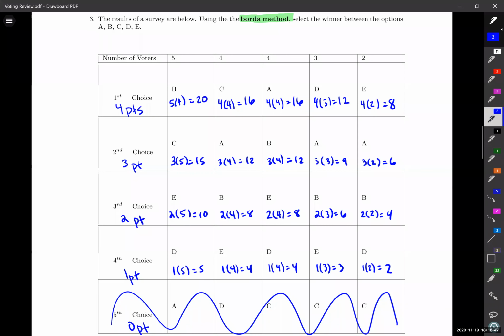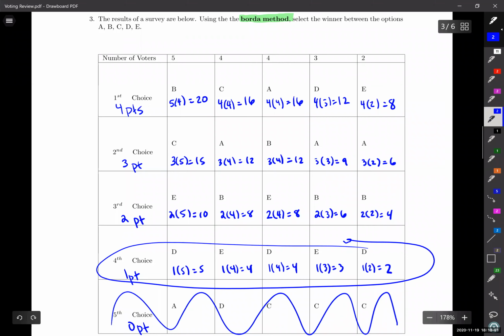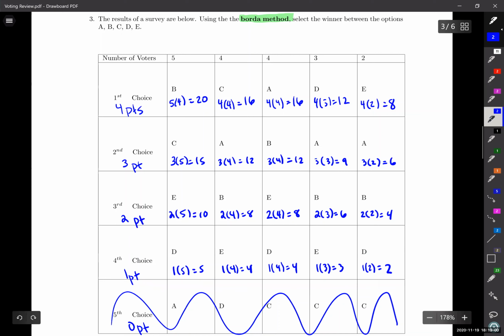So we gave the points. Remember the last vote that's counted as 0? That one might be fast because it's just 1 times everything, so it's just the number of votes in that category. We'll be careful to give the correct number to each individual.